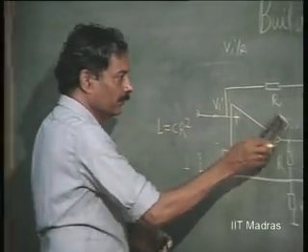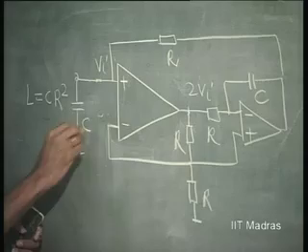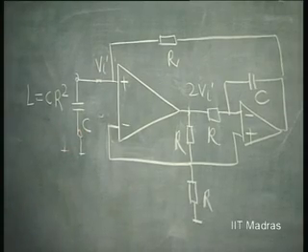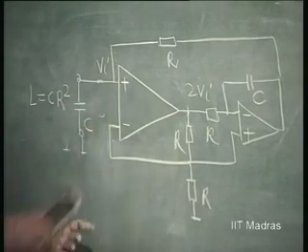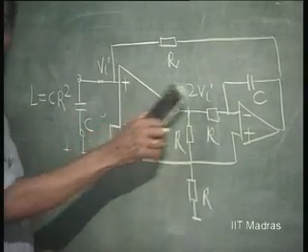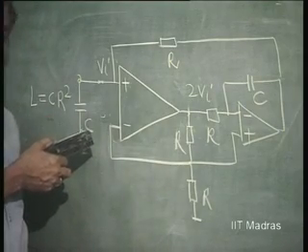Now, I want the capacitor to come here. If the capacitor is connected like this, now will it oscillate? Unfortunately, we have assumed that these are ideal operational amplifiers with infinite gain. That is how we are able to derive this as C R square.